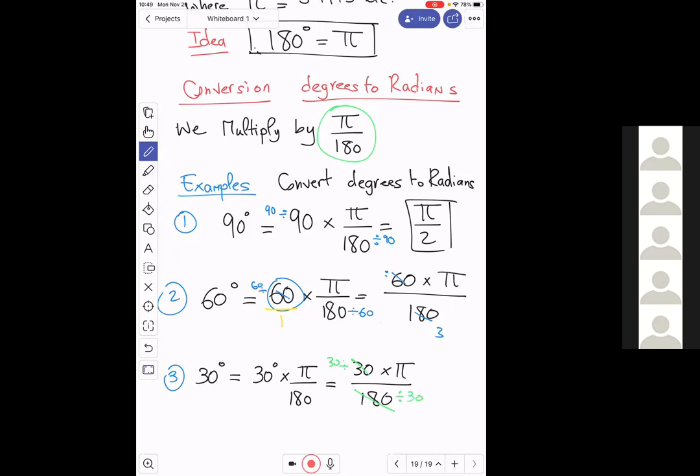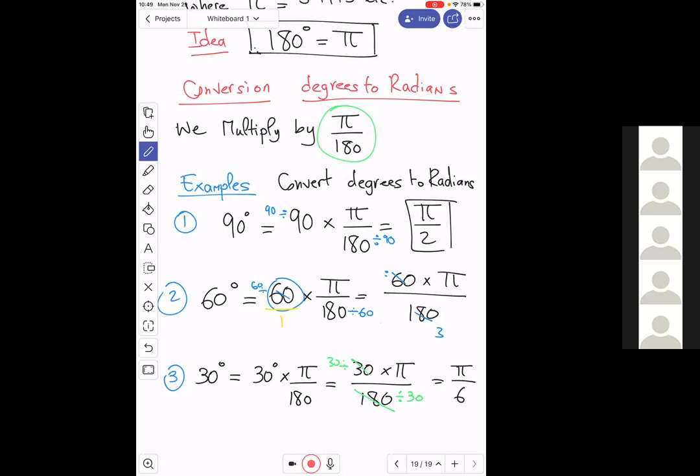So it's just pi over 6. So that's how we convert degrees to radians. Just multiply by pi over 180, because pi is supposed to be equal to 180. So when you multiply by pi over 180, it's like multiplying by 1. It didn't really change your angle.